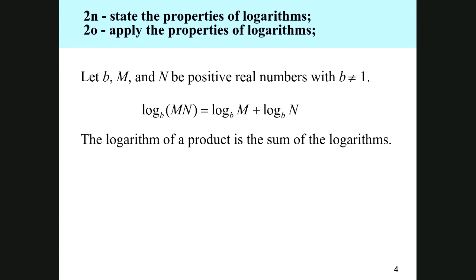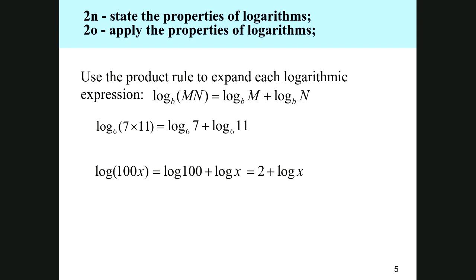Notice here, if you have the logarithm of a product, you're going to end up adding the logarithms together. And remember what we said before, a logarithm is an exponent, so I am adding exponents here, log m plus log n. Let's see that in action. In this first example, I've got log base 6 of 7 times 11.